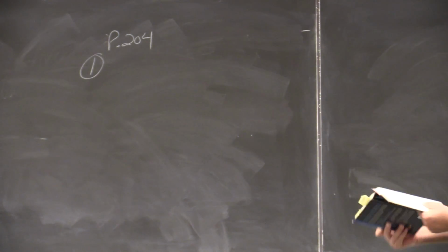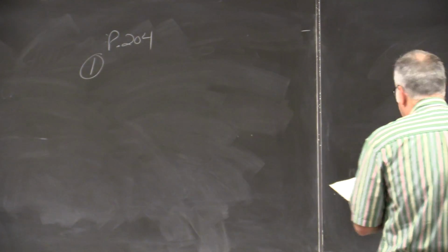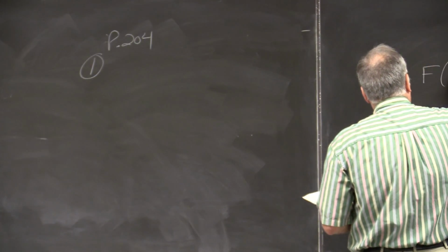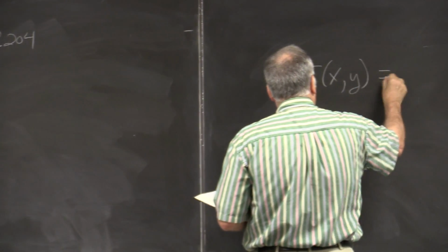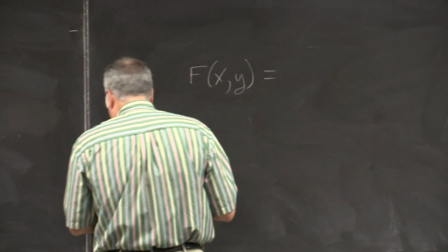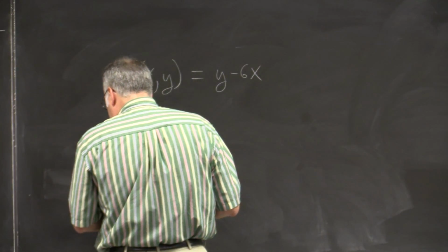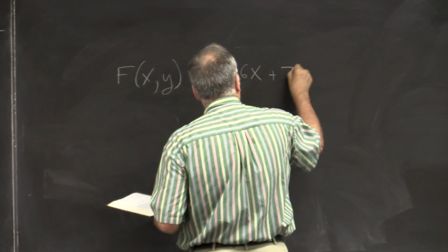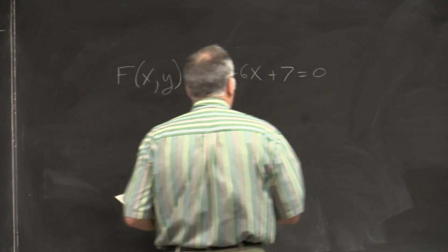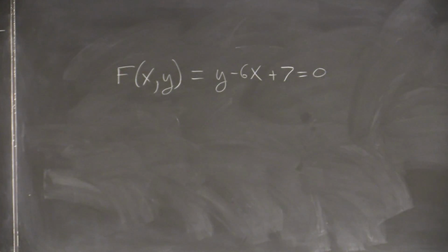For this first one, we have capital F of x, y. What is the first step in the implicit function theorem?